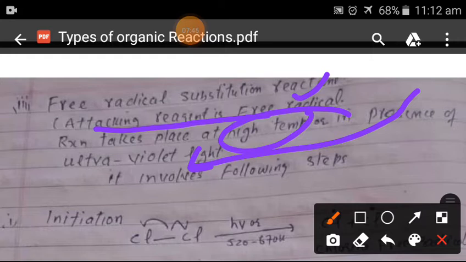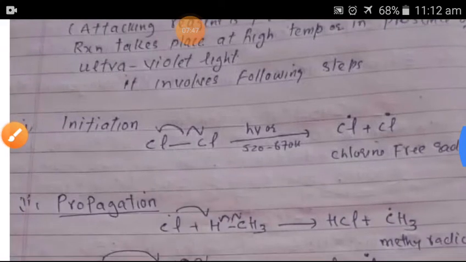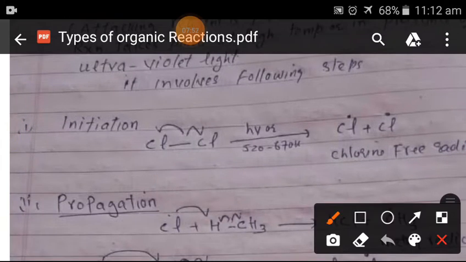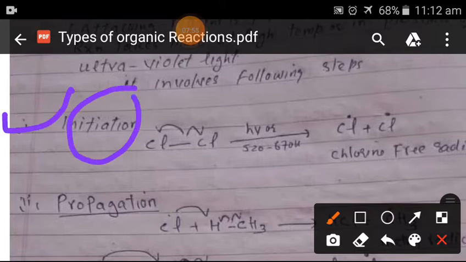The first step, you know what free radicals are. The first step is initiation. Initiation means formation of free radicals. In the presence of light or heat, high temperature, the free radicals are formed. Free radicals are formed due to homolysis.